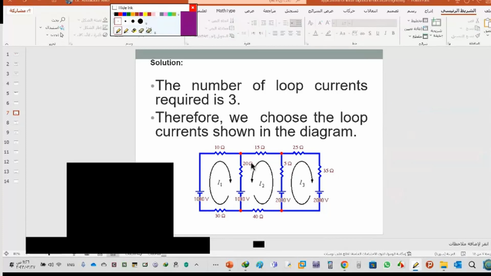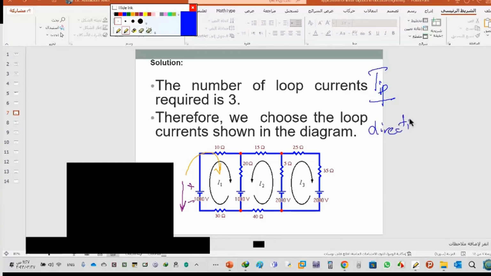For example, here power positive, negative. This is battery. Direction of loop opposite the battery. Usually, I will write this one. Tip.